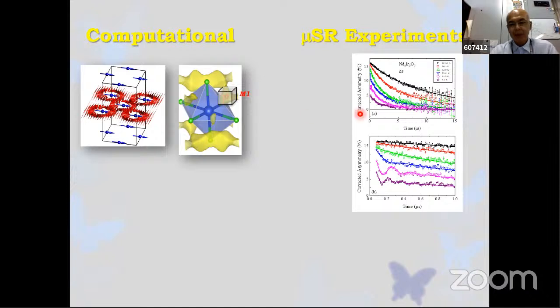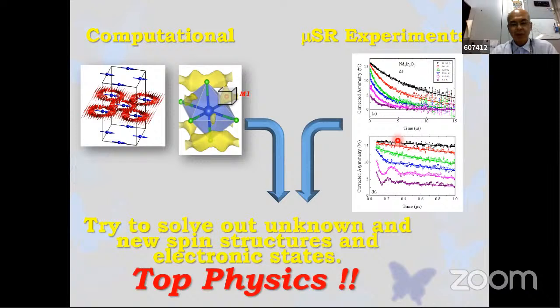On the other hand, from the experimental viewpoint, we can see the real experimental data, that means how much internal field exactly the muon is watching. Then, joining the two, we discuss the physics by using both research methods.